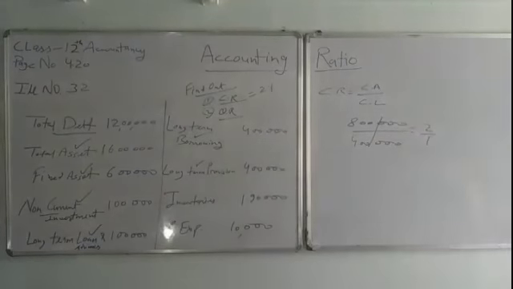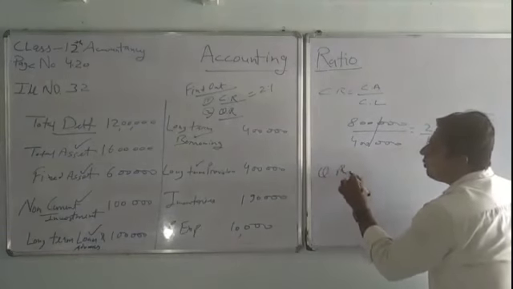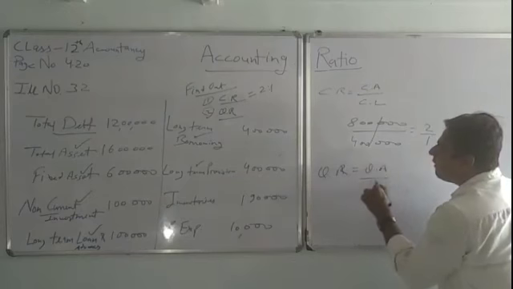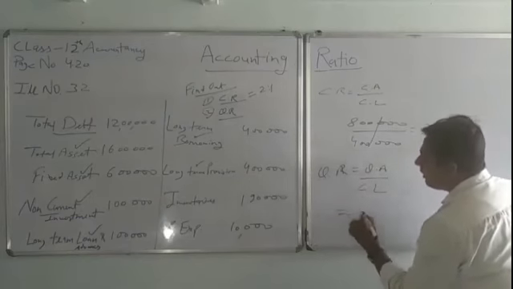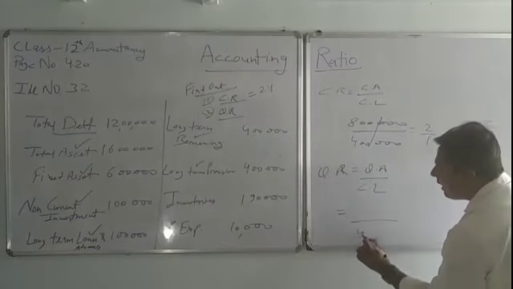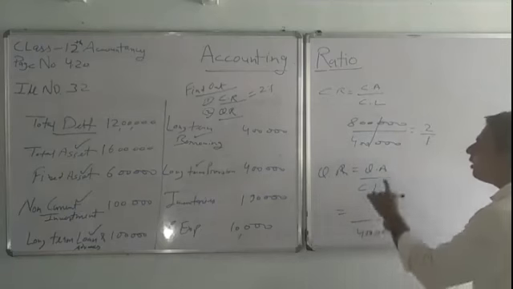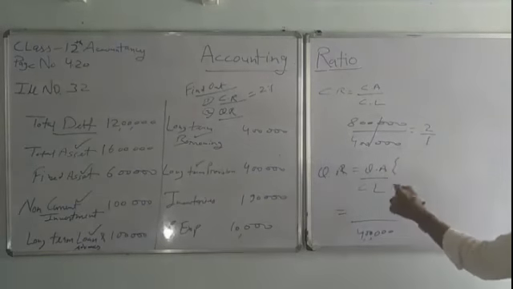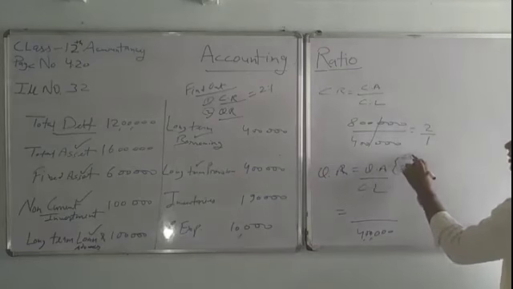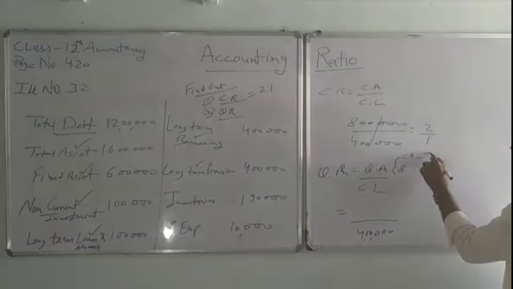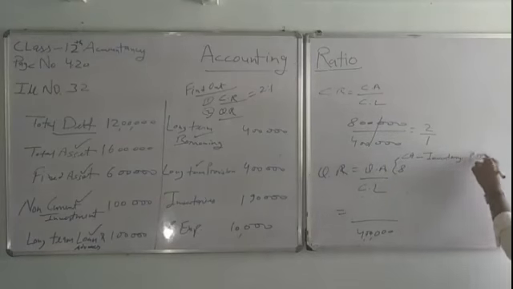Got it? Now we have to find our quick ratio. Quick ratio is equal to quick asset divided by current liability. Current liability we have, 4 lakh. Quick asset we don't have, so I am finding it here from current asset minus inventory minus prepaid expense.